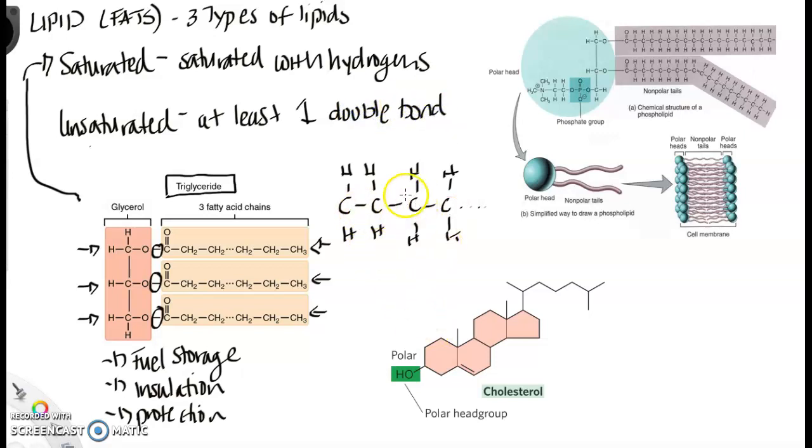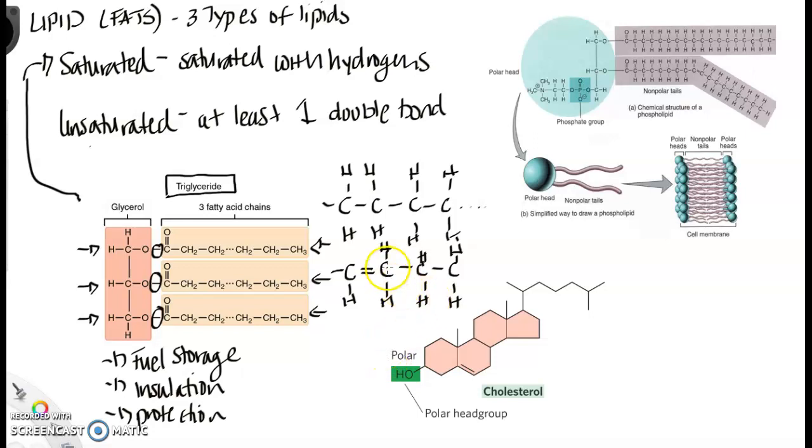So instead of looking like this, where all the carbons have a hydrogen, one of those will look like this. So there'll be a double bond here, and then whatever is over there.